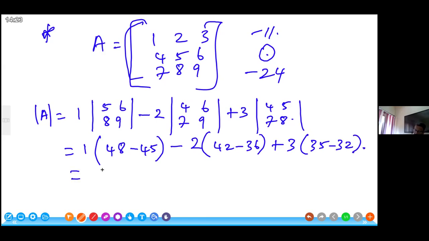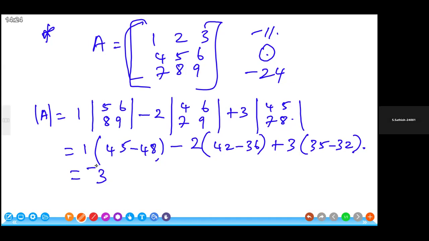So that is 45 minus 48 or 48 minus 45, the other way around, 48 minus 45. So the first one is minus 3.